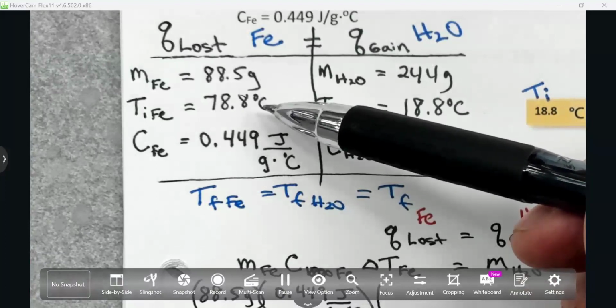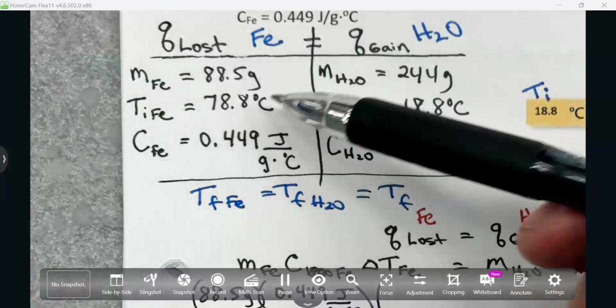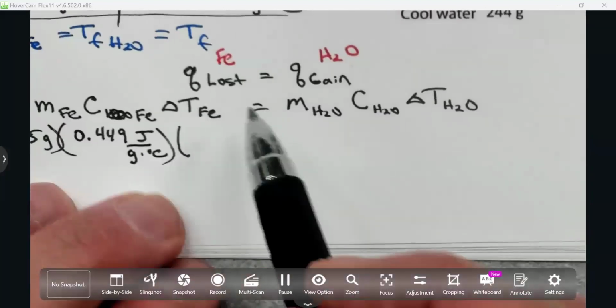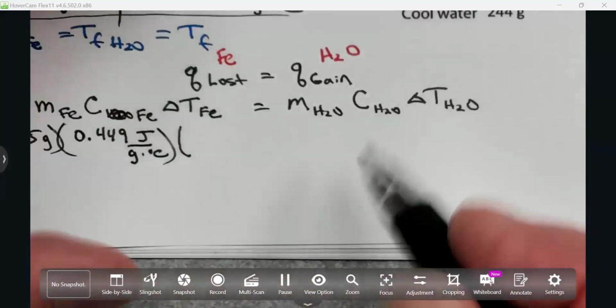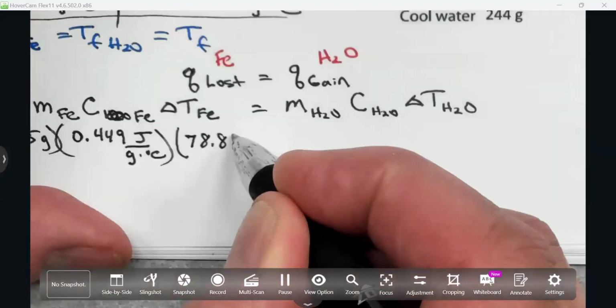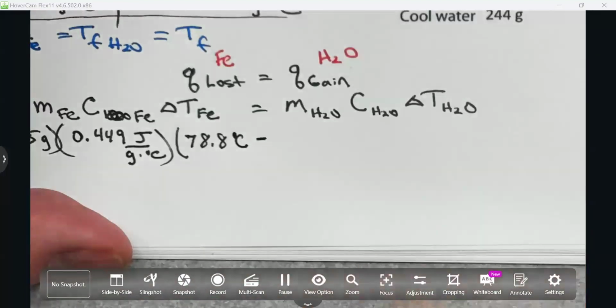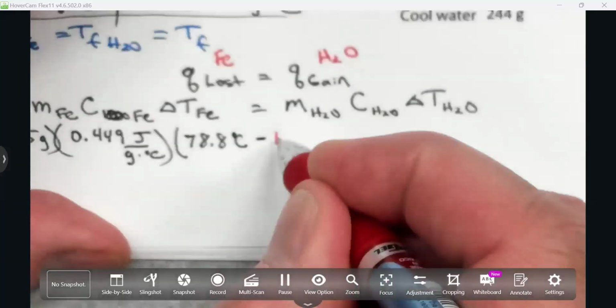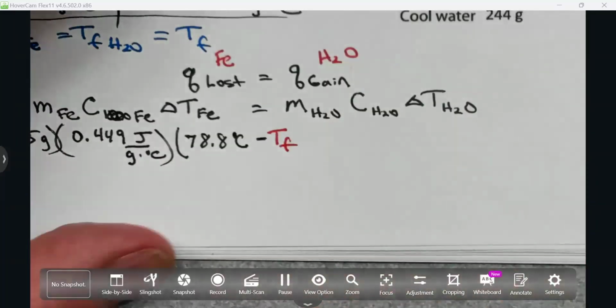It's going to be lower than that, right? It's cold in cold water. This is going to decrease. So in order to make this temperature change positive, I'm going to go 78.8 degrees Celsius minus T final.